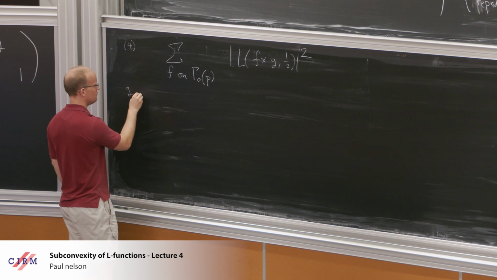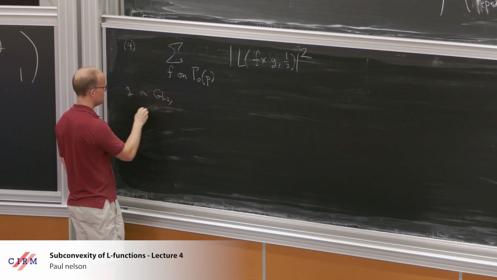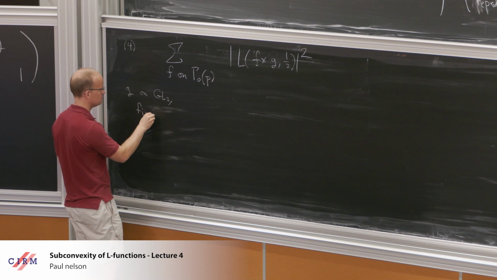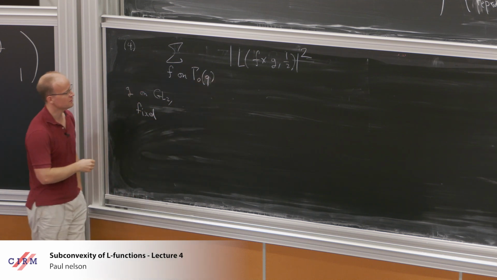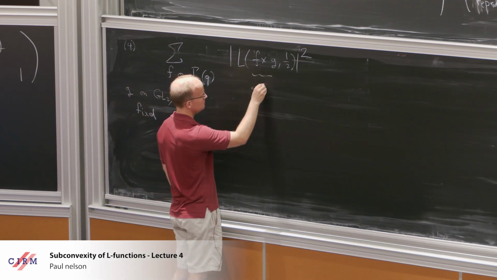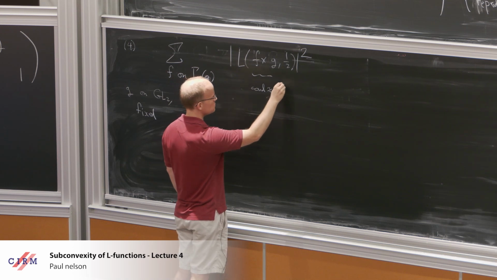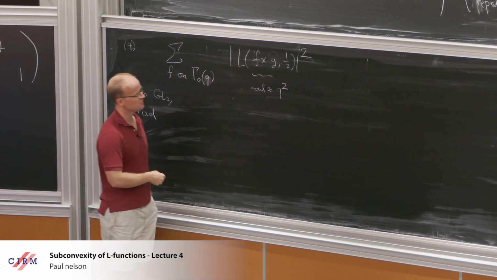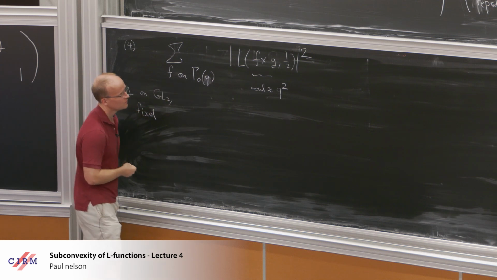Here G is on GL2, maybe G is fixed. And P, I've been usually calling Q, so I'll try to continue doing that. Okay, so again, this thing has conductor roughly Q squared, because you're twisting by something on GL2, and the original thing is conductor Q.